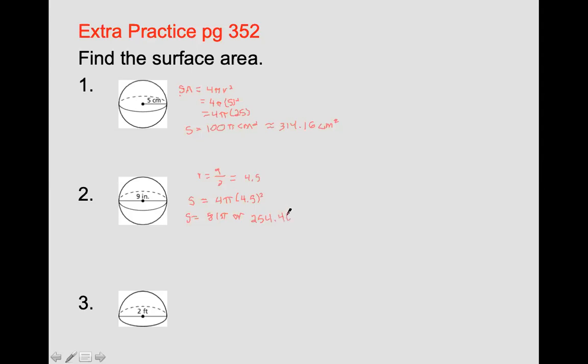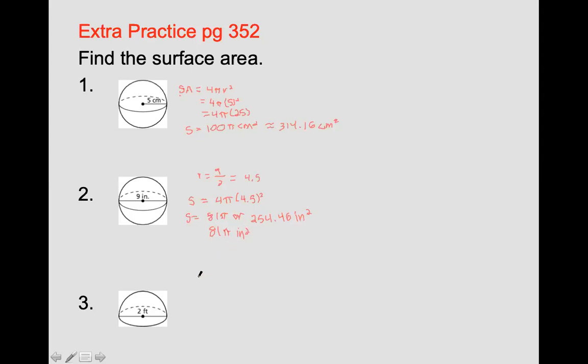And then we look at our units and make sure we put the correct units in there. So it's 254.46 inches squared. And again, you could have also had 81 pi inches squared.